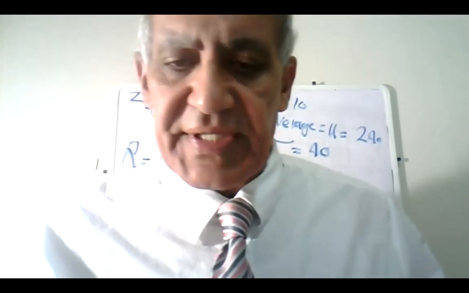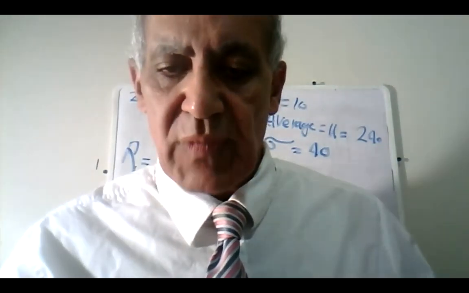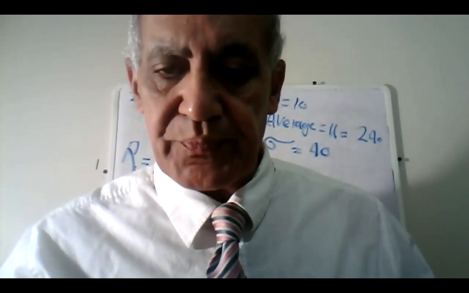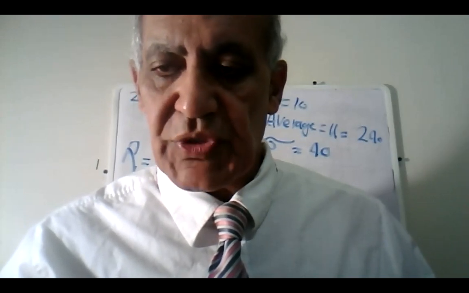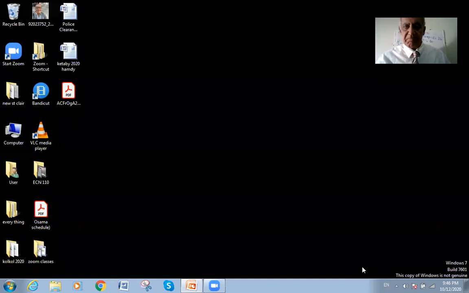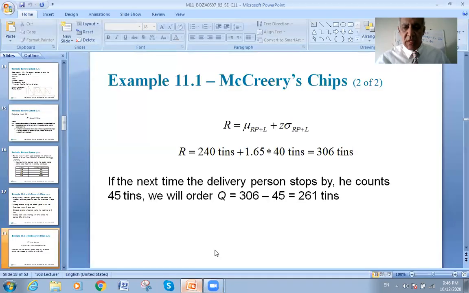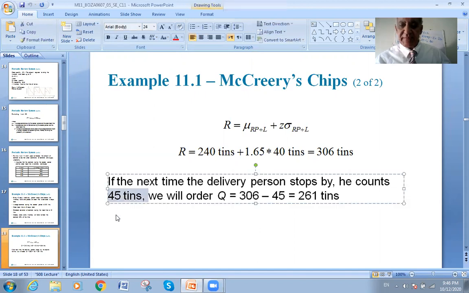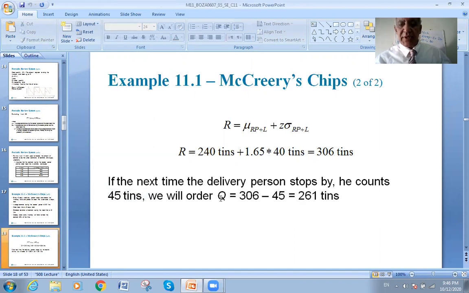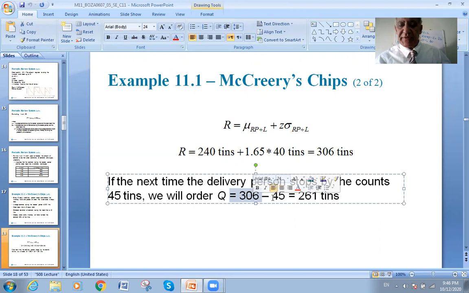Now let us see the explanation. What does it mean? The 306 is in front of you here on the board. If the next time the delivery person stops by he counts 45 tons, we will order the quantity 306 minus 45, which will be 261 tons.